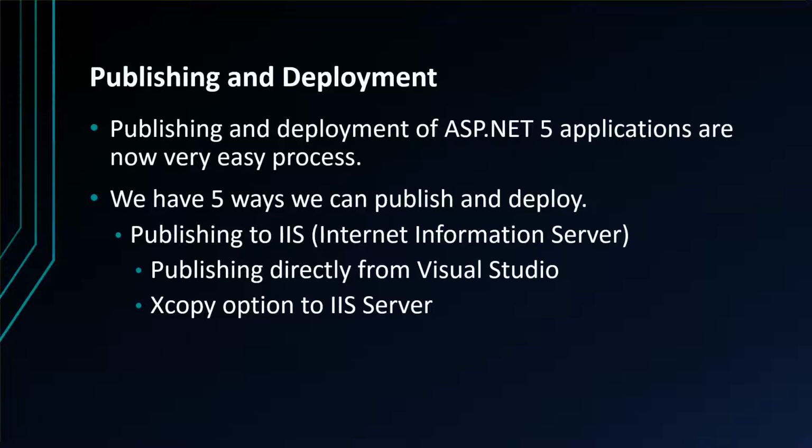If you would like to publish and deploy ASP.NET applications for platforms other than Windows and IIS, the option is now available. Microsoft is supporting this in different ways. For IIS, as usual we have two options: publishing directly from Visual Studio, or using the Xcopy option to the IIS server.